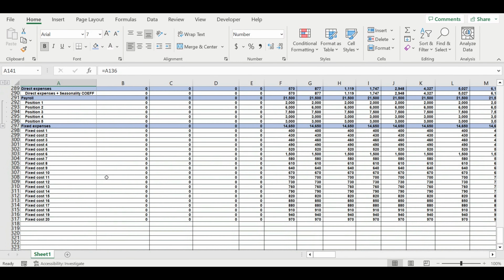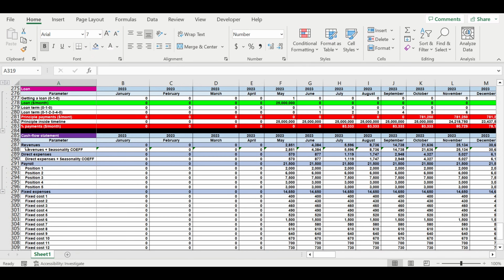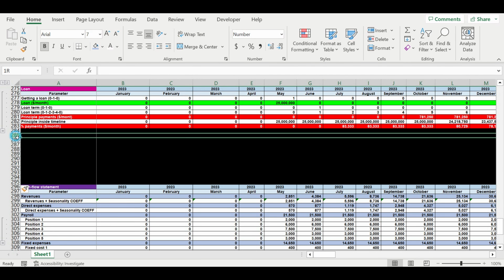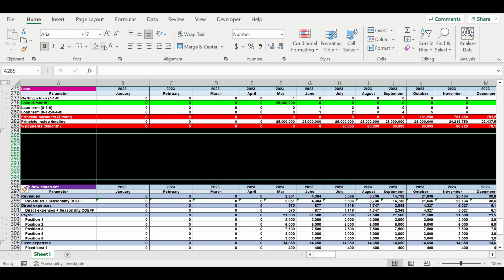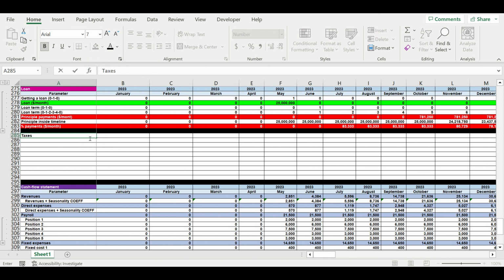Now let's move to taxes. So we will create a small block of inputs for taxes. I will create a new block of inputs, name it taxes, name, then rate.